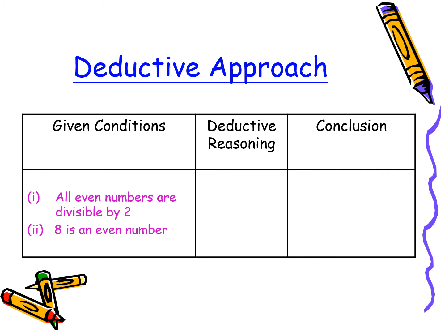Another example, you are given that all even numbers are divisible by 2, 被二整除, and x is an even number. Then what conclusion can you draw? You can say x is divisible by 2, as x is an even number.